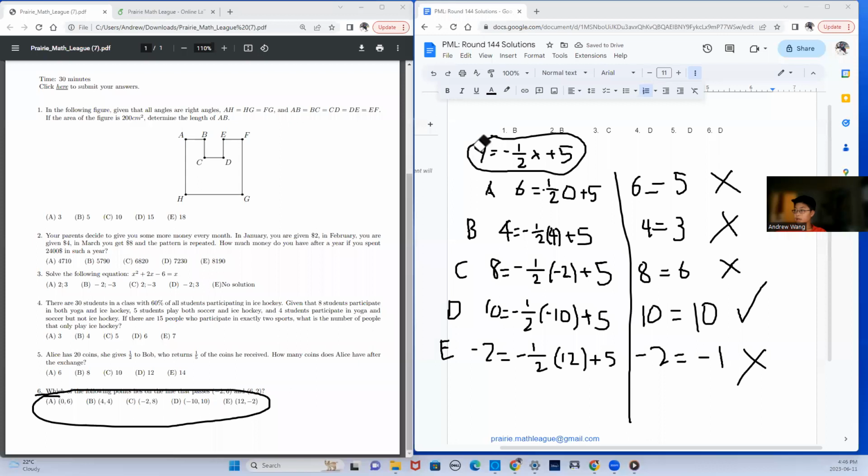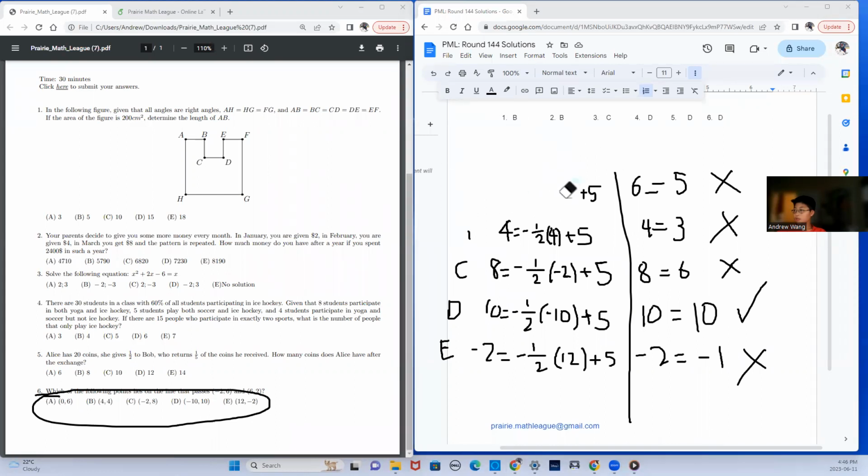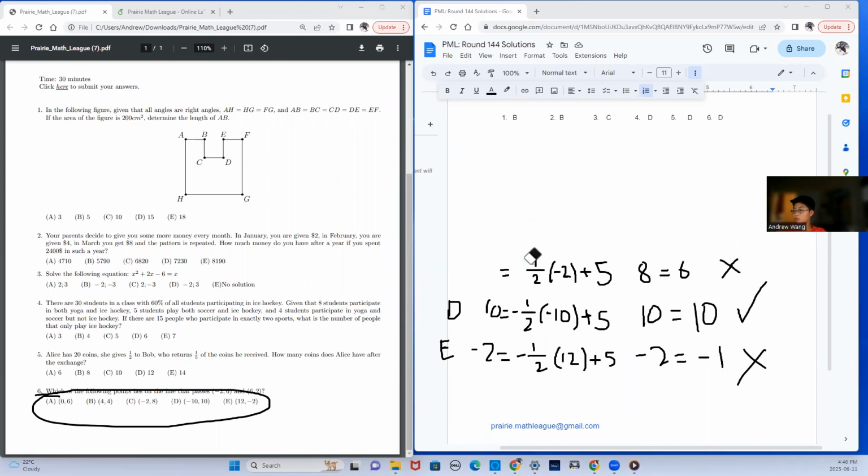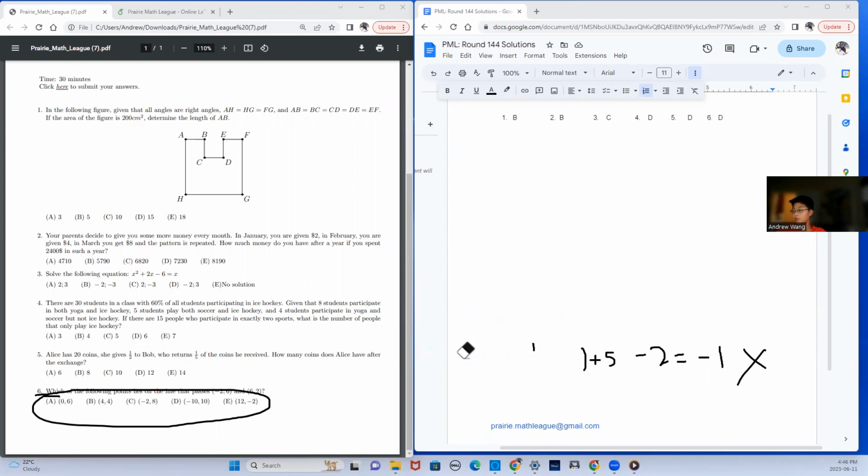And let's erase that. Let's erase all of this. So we have gone through all the questions, all the solutions, correct answers, and how to do each of these questions.